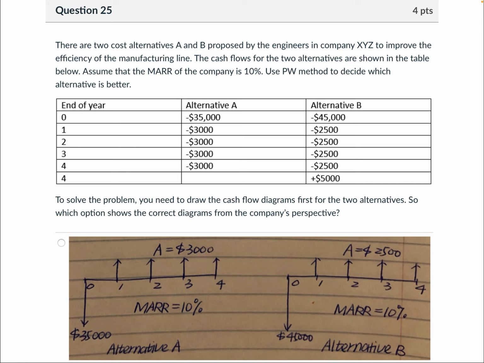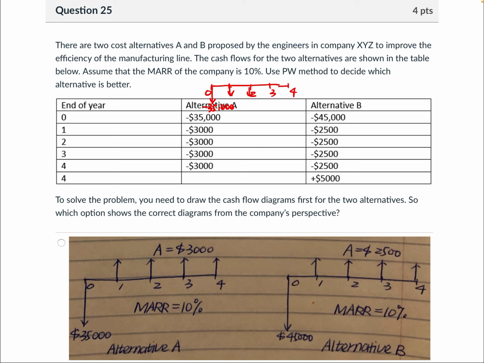All right, so let's see what is the correct one for alternative A, the diagram. So you have how many years? 4 years. So 0, 1, 2, 3, 4. And at the beginning, you have the negative 35,000.